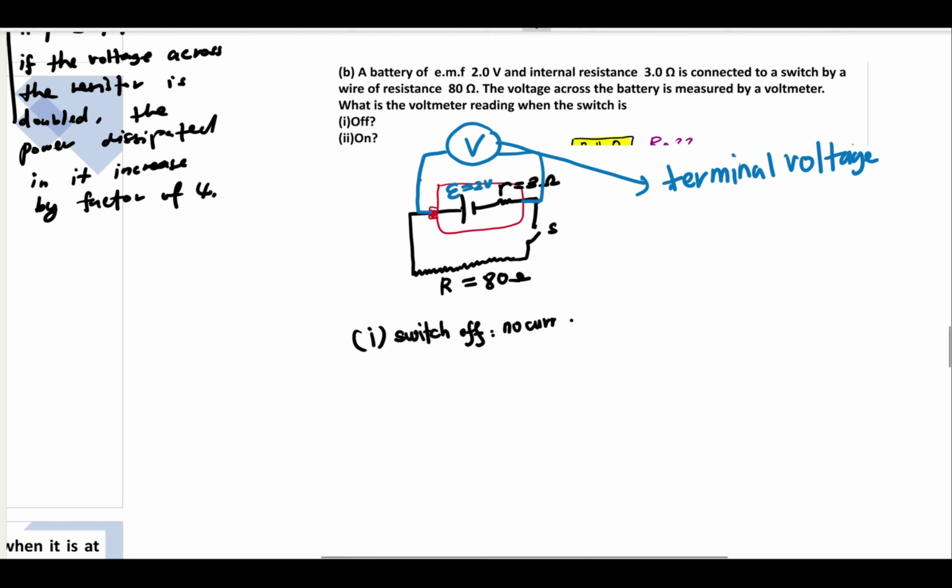Okay, so if I draw it, it means that here we have a battery with internal resistance. So this is the battery.